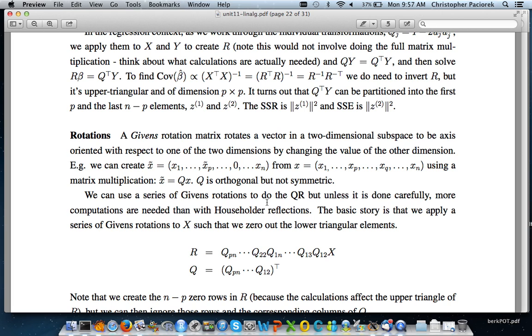Okay. Then I'm going to work in the 1-3 subspace. I'm going to do a rotation there that's going to zero out the 3rd position. So I'm going to zero out this guy here.